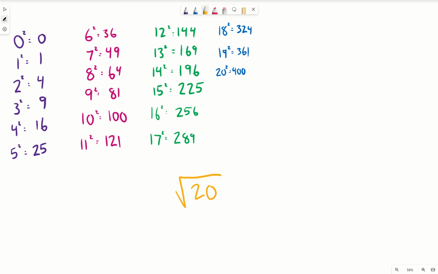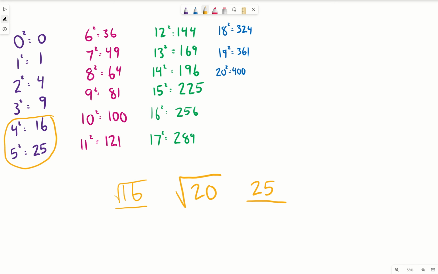Well, 20 is not on this list, so we need to think about, okay, well, what 2 perfect squares come before 20 and after 20? Well, if I'm looking down my list of perfect squares, 20 would fit in between these 2 numbers, right? It would fit in between 16 and 25.